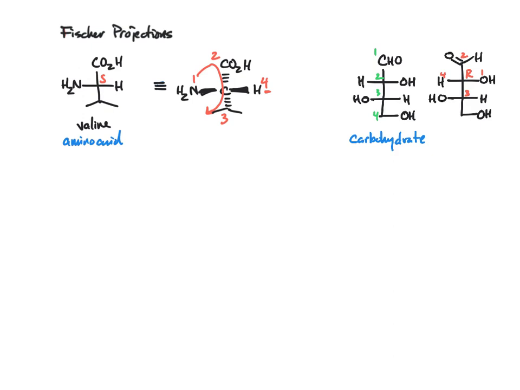If in the Fischer projection it's on the side and it's part of the stereogenic carbon. I think S is the right answer. I would agree. So 3 is going to be S.